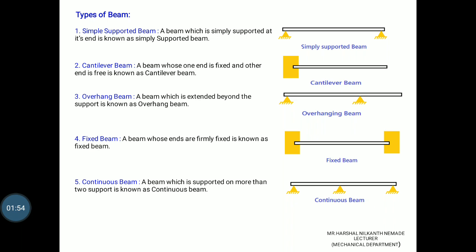Overhanging beam. A beam which is extended beyond the support is known as overhanging beam. Fixed beam. A beam whose ends are firmly fixed is known as fixed beam. Continuous beam. A beam which is supported on more than two supports is known as continuous beam.